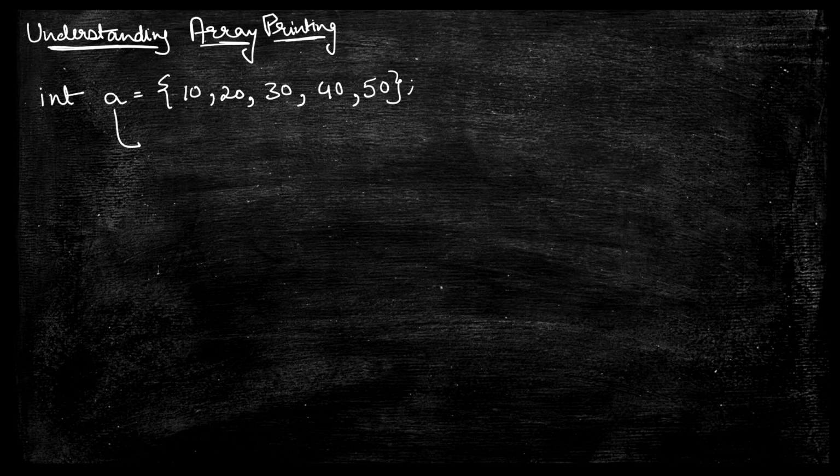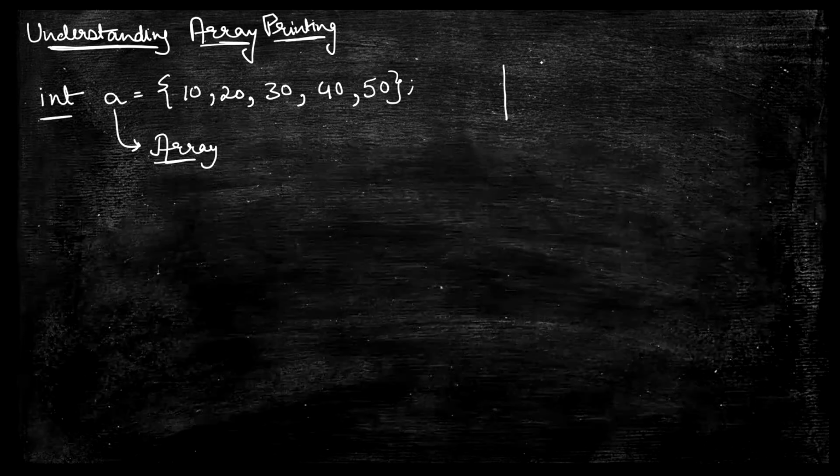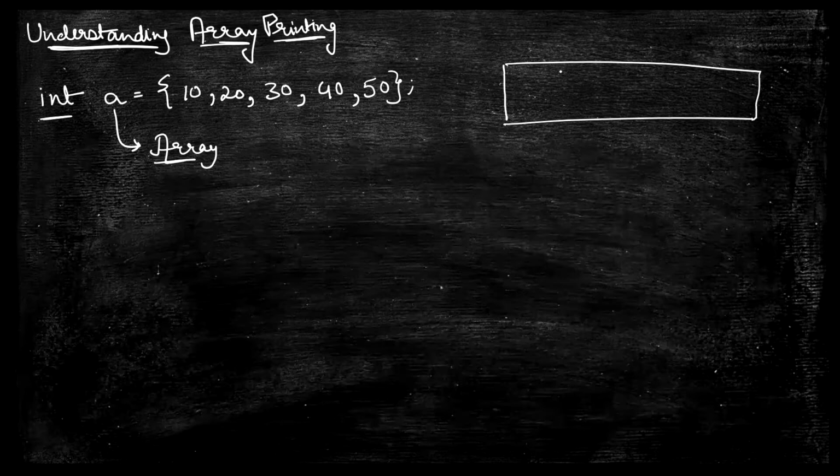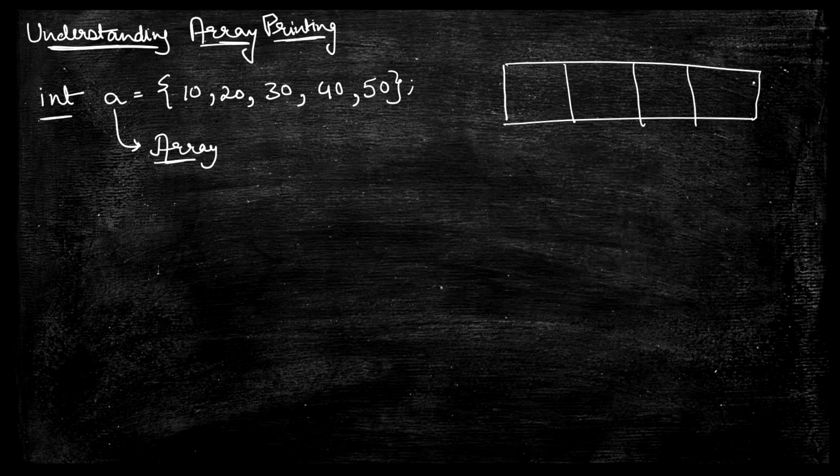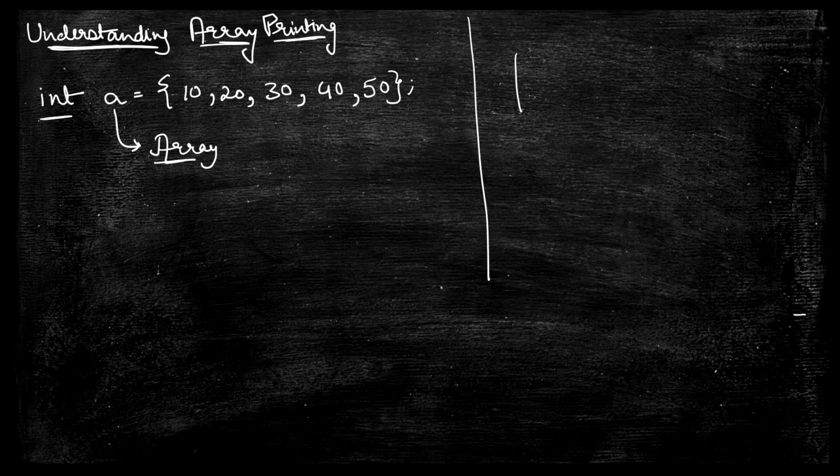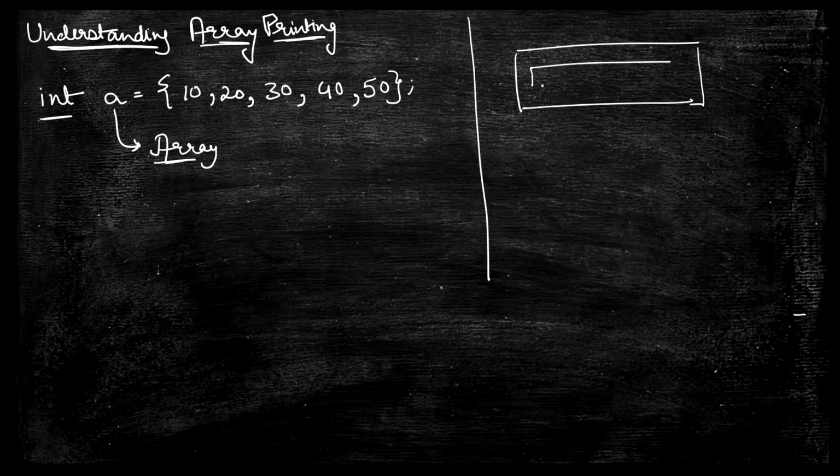So what is this? This is an array. What will happen on execution of this statement? In the memory, this much amount of space will be allocated for the variable a to store some value, right? Clearly, this is the memory, and in the memory this is my array with 5 spaces, and 10, 20, 30, 40, 50 will be stored like this, and we have the same name, that is a.